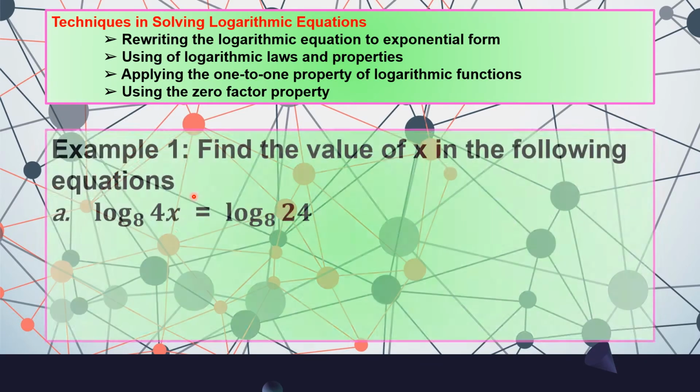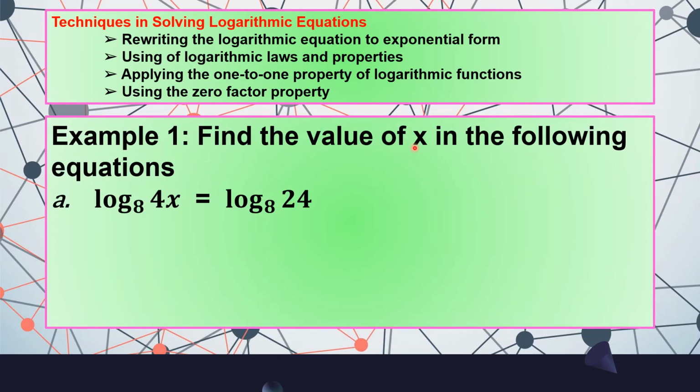For example 1, find the value of x in the following equations. For letter A, we have logarithm of 4x with base 8 equals logarithm of 24 with base 8. In this given, we will use the one-to-one property of logarithmic functions. Why?